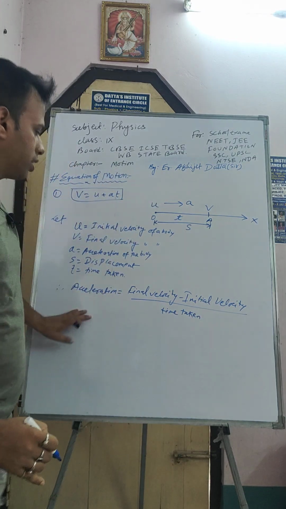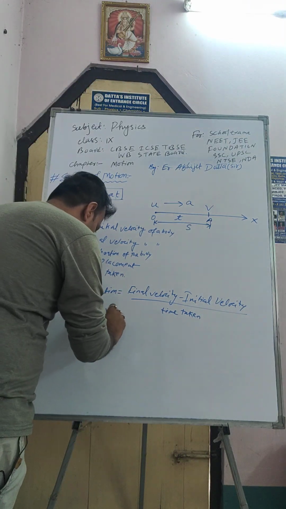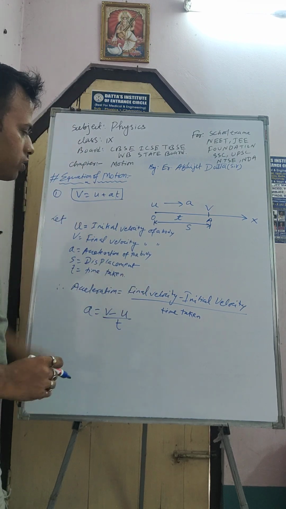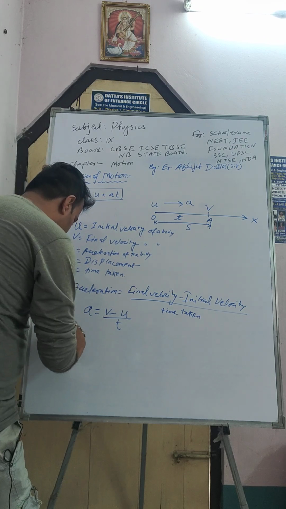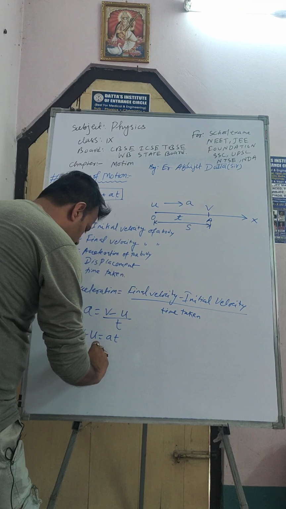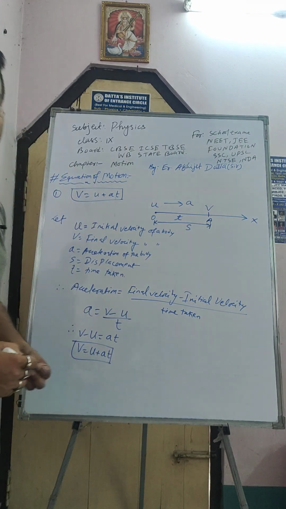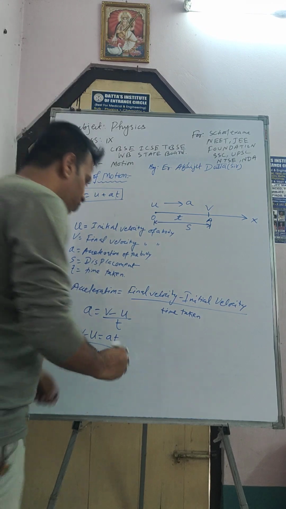So a equals v minus u by t, where final velocity is v, initial velocity is u, and t is time. So from that we can say v minus u equals at. So v equals u plus at. So this is the derivation. This is the first equation of motion.